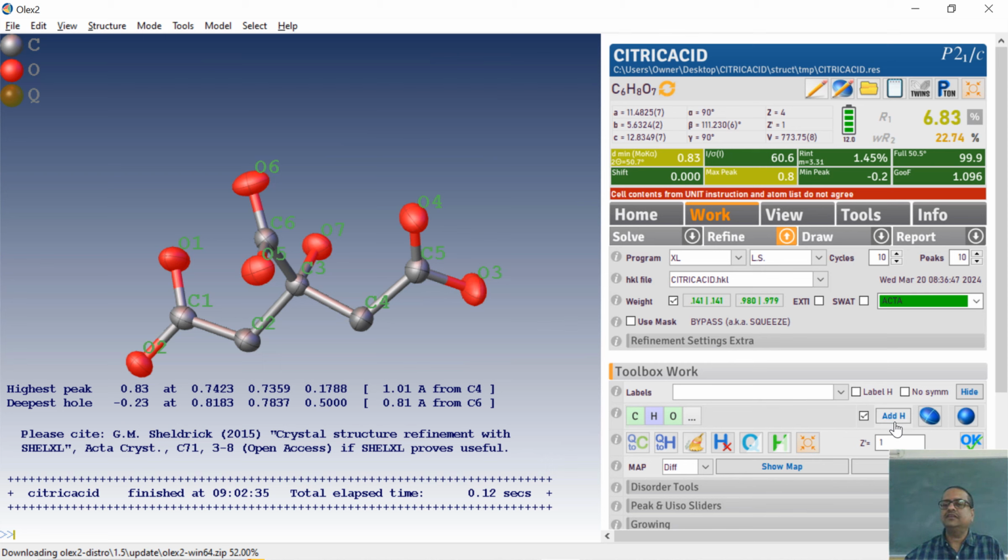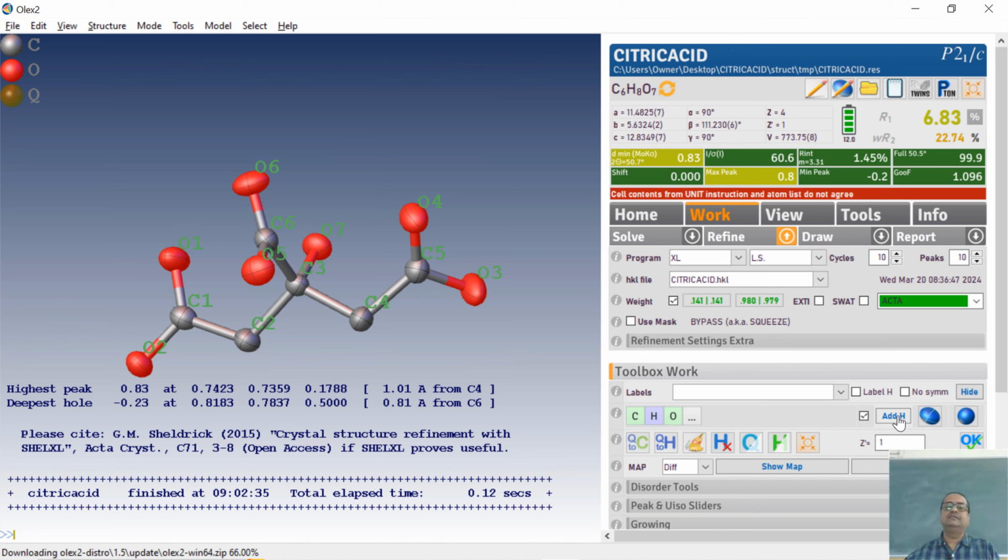So in that case, you click on add hydrogen. When you click add hydrogen, what does it do? It identifies what elements are present, and the corresponding hybridization depending on the geometry around that atom, and depending on the hybridization and the number of bonds present in each atom, it will identify how many hydrogens you need.